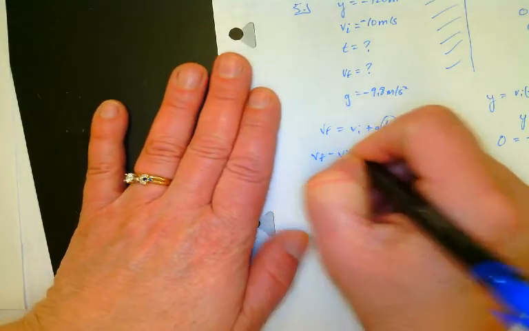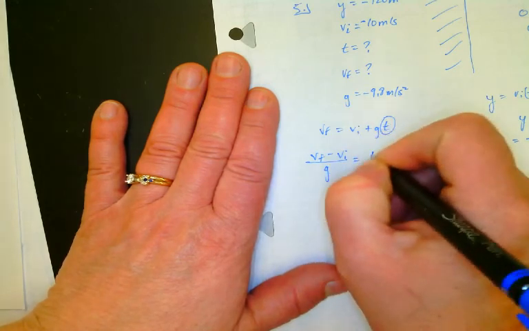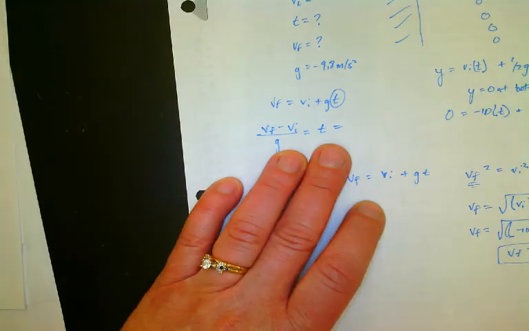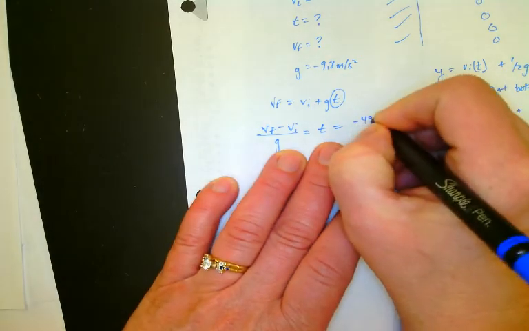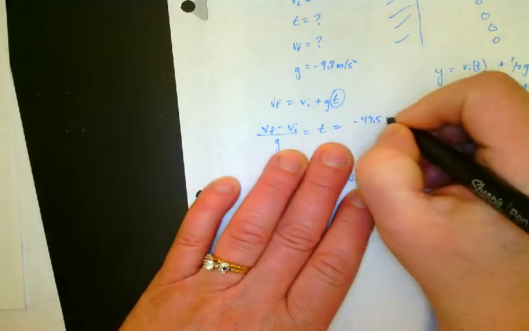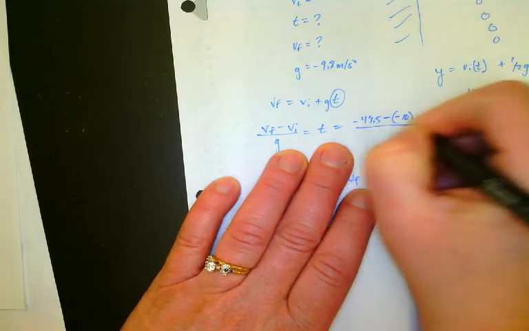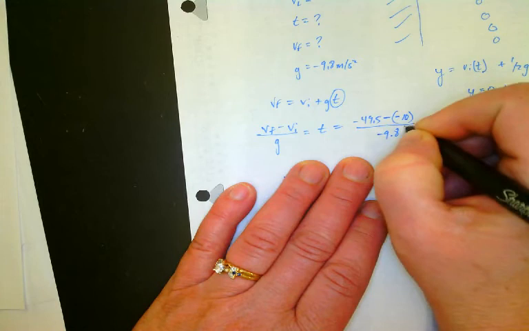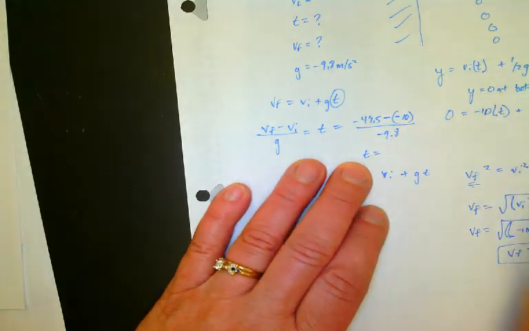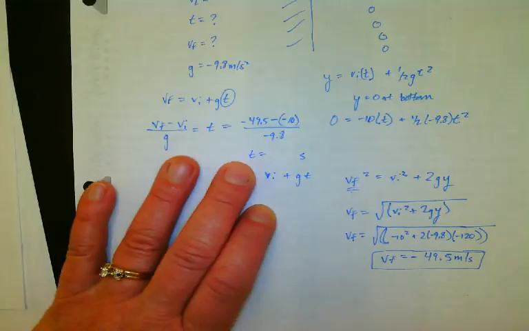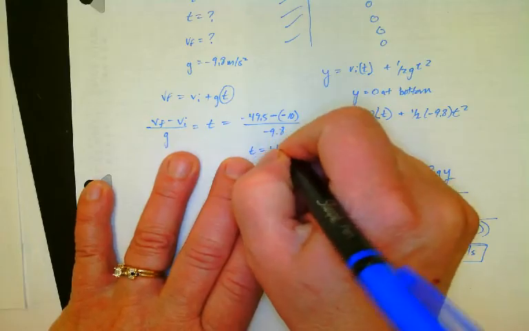So let's go ahead and do that rather than the quadratic, because I know not everybody has it in their calculator working properly. So our t is negative 49.5 minus negative 10 divided by negative 9.8. And what does t come out to for you? 4.03.